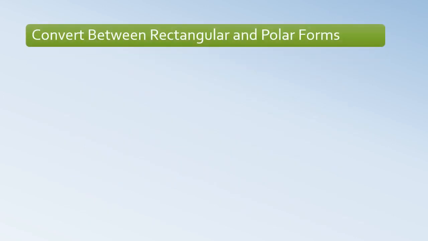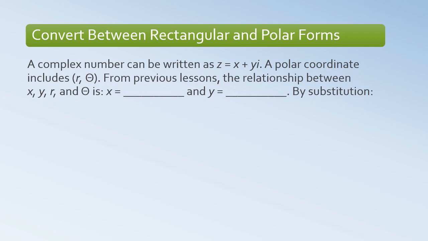So now let's take a look at converting between rectangular and polar forms. A complex number can be written as z equals x plus yi. A polar coordinate includes r and theta. From previous lessons, we know that the relationship between x, y, r, and theta is that x is equal to r times the cosine of theta, and that y is equal to r times the sine of theta.